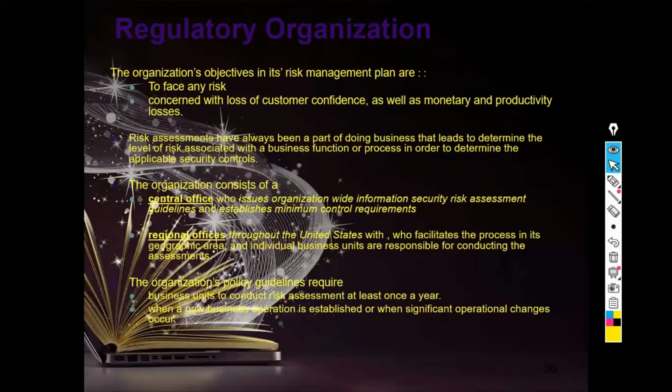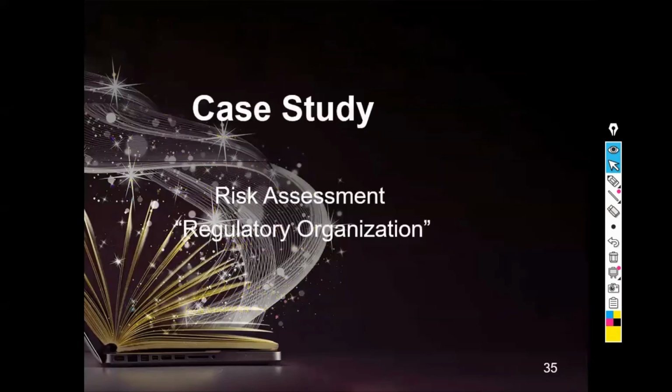The organizational policy and guidelines require business units to conduct the risk assessment at least once a year, and also when a new business operation is established or when significant operational changes occur. This is the case study.